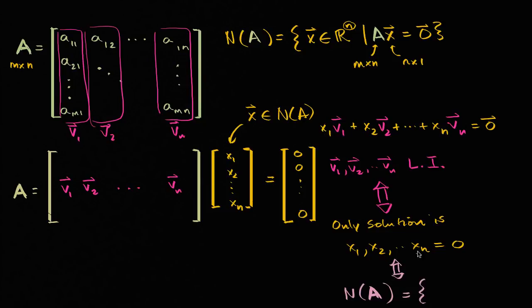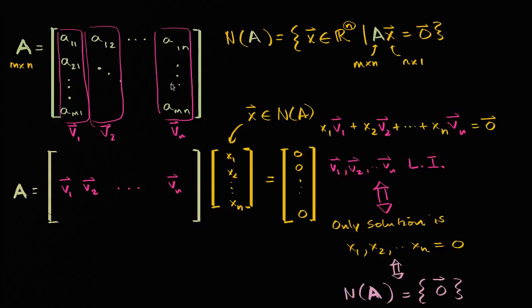It only contains the 0 vector. Remember, if all of these are going to be 0, well then the only solution here is going to be the 0 vector.